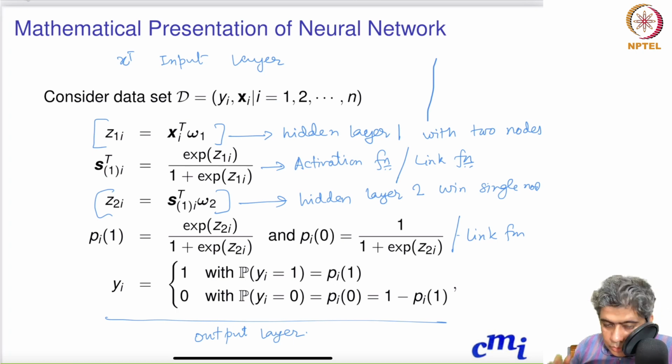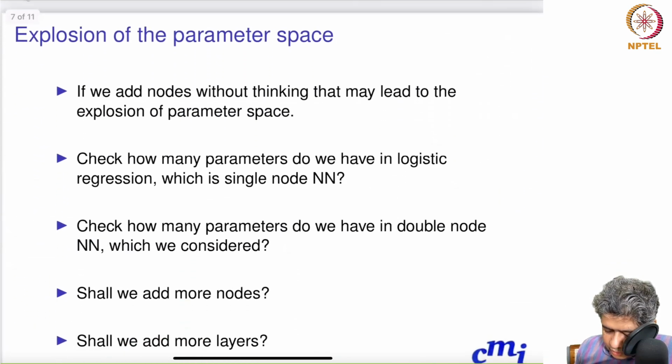Okay, so now you have a graphical representation of the neural network. This is the mathematical representation of the neural network, and these interactions give you engineered interactions. If you look carefully, there will be a lot of interactions. So if we add nodes, one of the major problems with neural networks is the explosion of the parameter space.